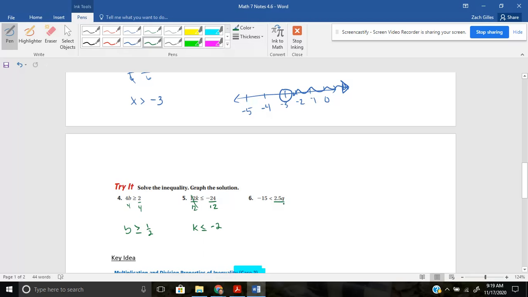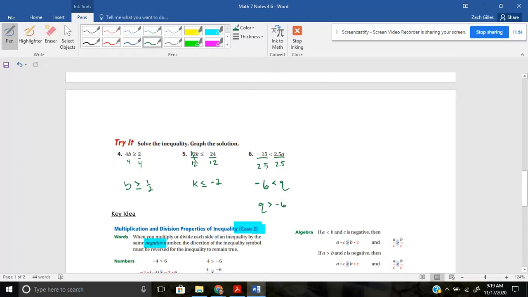And then in this one, we divide by 2.5 on both sides. So that would give me -6 is less than q. And if I rewrote that, I would have q is greater than -6. And then again, please graph and let me know if you have questions on graphing.